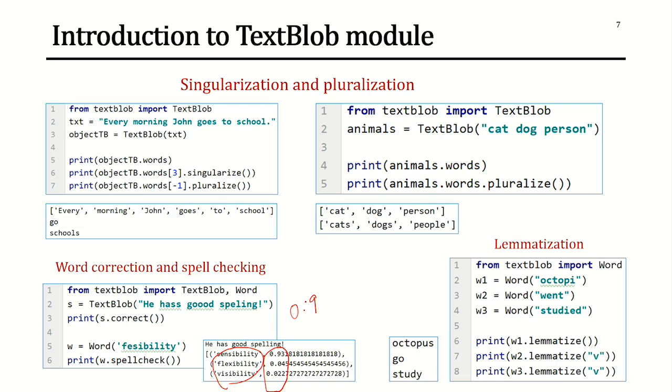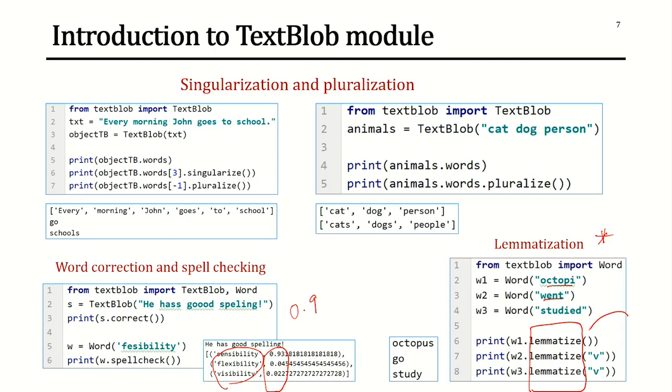It is very high. And we can also do lemmatization. So the process in lemmatization is to find the base form of a given word. For example, we have the word octopi here, or we have the verb went. So the base form of these words can be found using the lemmatize function. There are 2 forms.